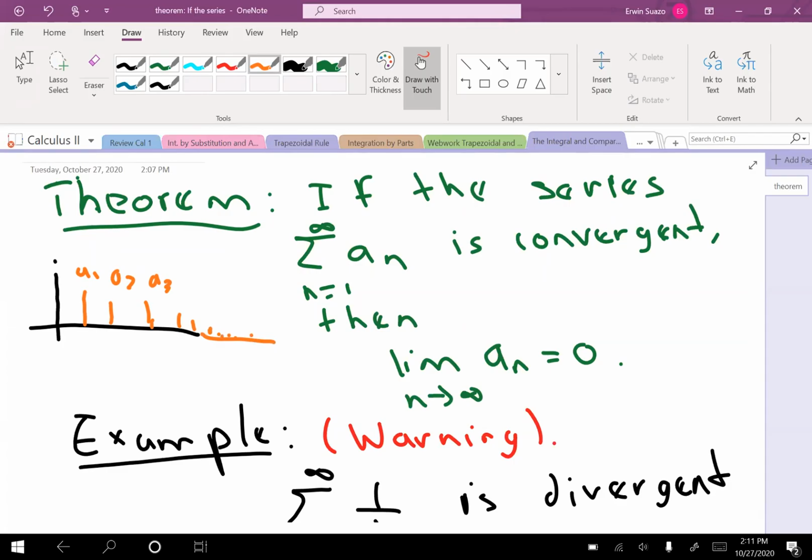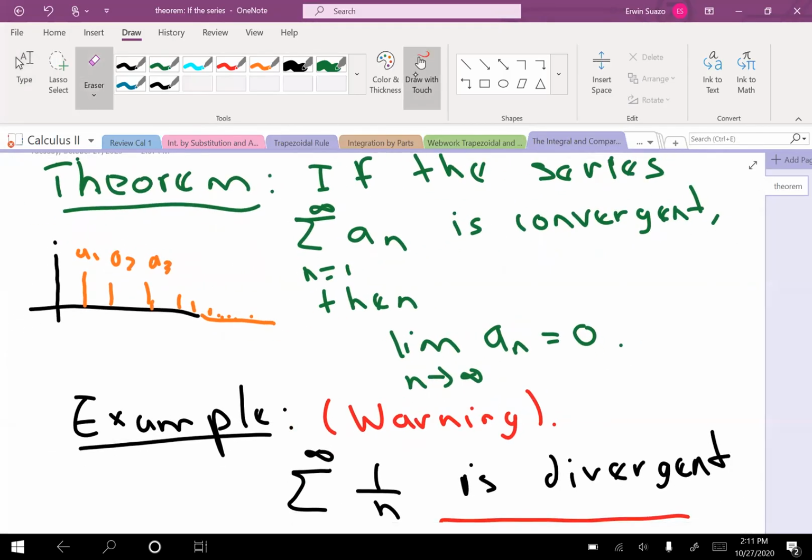Let's say any a_n is bigger than 1/3, and let's see what happens.